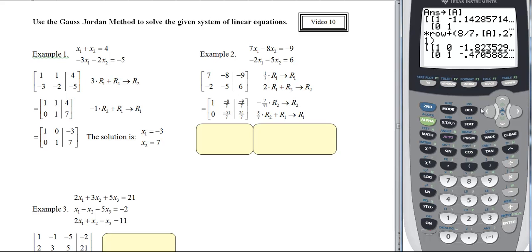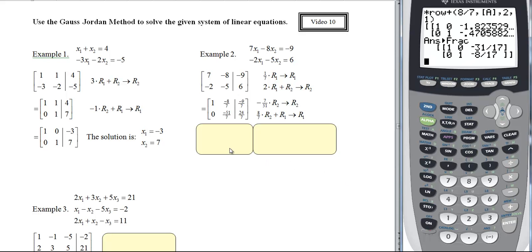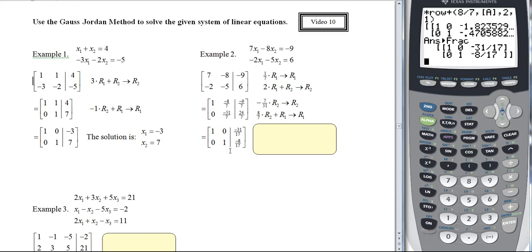Please don't give me this answer. Let's go frac it. Math frac. So let's see if that's what I've got here. Alright, so x sub 1 should be equal to negative 31/17, and x sub 2 should be a negative 8/17.